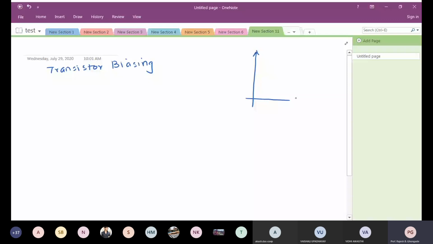So this is your VD and this is your ID. These were the diode characteristics. So I had to first of all set up a point; this was our Q point. This is the DC condition.